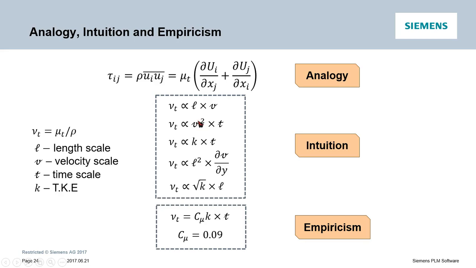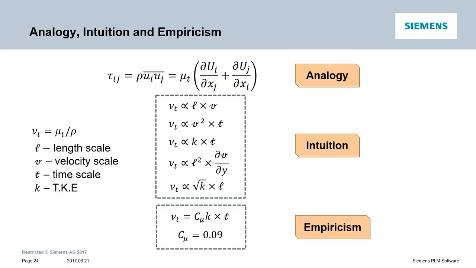I can have a velocity square and time, kinetic energy and time, and length square and gradient, and so on. No matter what variable combination we use, we will have to invoke empiricism or look to experiments to determine these proportionality coefficients. And this one slide is essentially the soul of any turbulence model.